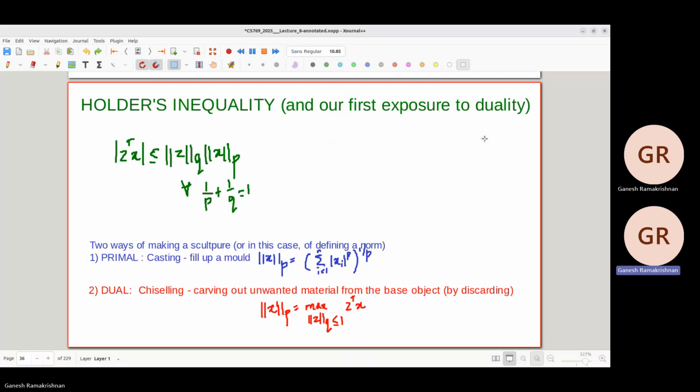In fact, that's very naturally done for polygons. You can define a polygon as the intersection of multiple half spaces, right? So this is what is happening here. It's like carving out unwanted material from the base object. Okay, so I think I gave you enough perspective.